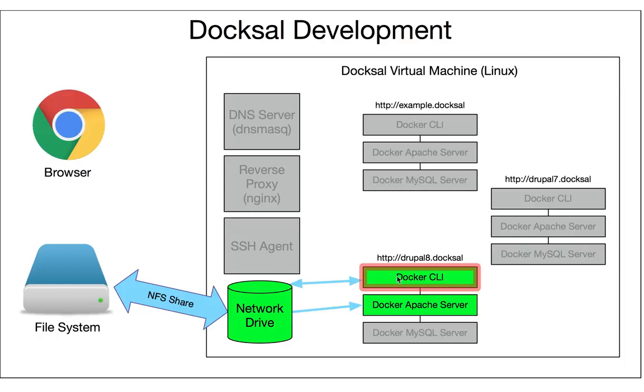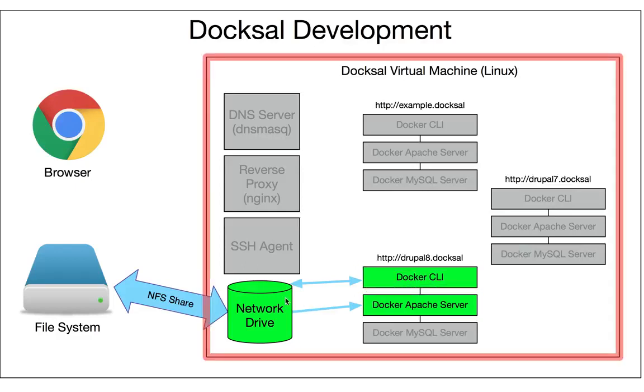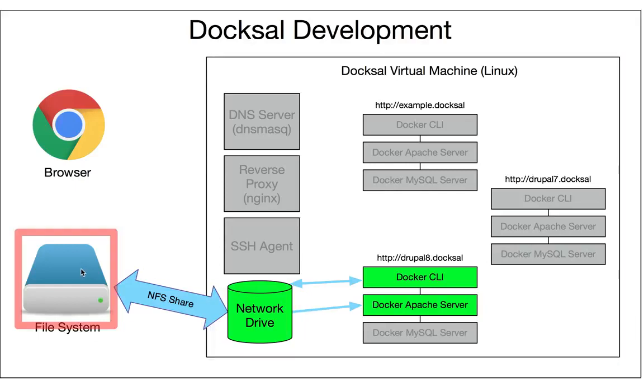And in this way, we're now two levels deep in virtualization, and we're still able to access files that are created on the host OS. One thing to note here is that only the Docker CLI container, where all of your development tools live, is able to modify files. The connection between your host OS and the Apache server is read-only.